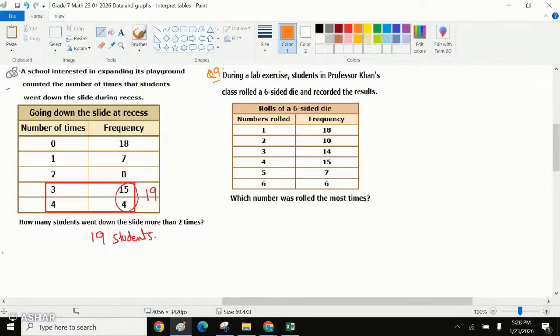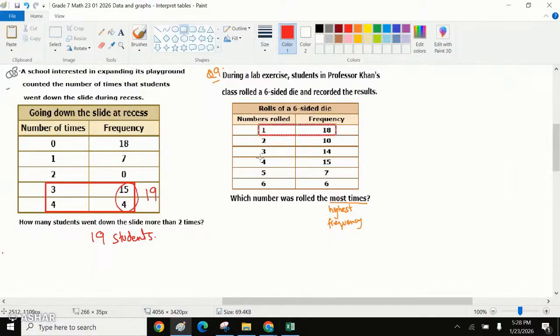Okay, which number was rolled most times? How do we know which number was rolled most times? Most times should be highest frequency, right? So which number has the highest frequency?